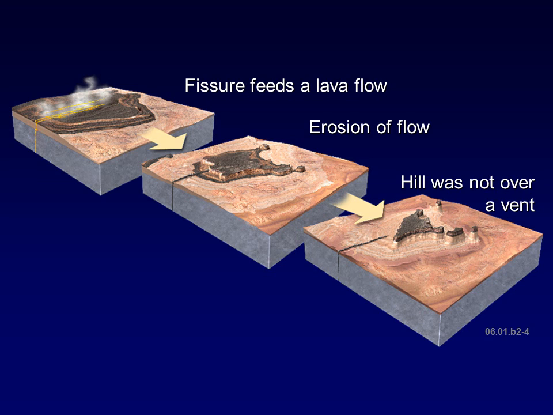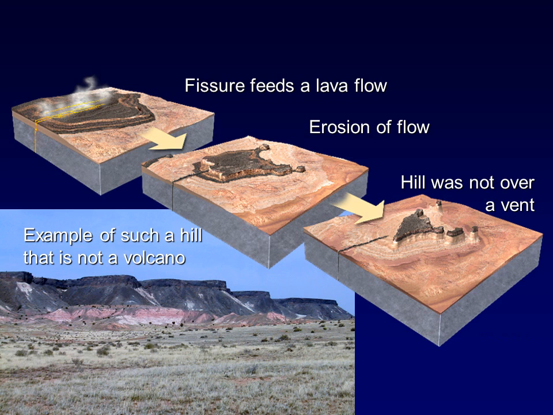Eventually, that forms a flat-top mesa, and it is a hill with lava on top, but it is not a volcano because it is not over the vent. Okay, here is an example of a hill that is not a volcano. The dark layer on top is the lava flow, and it is on top of these layered sedimentary rocks below that are softer.